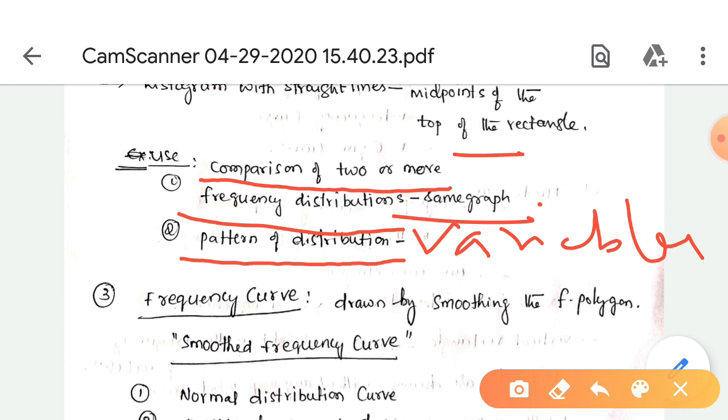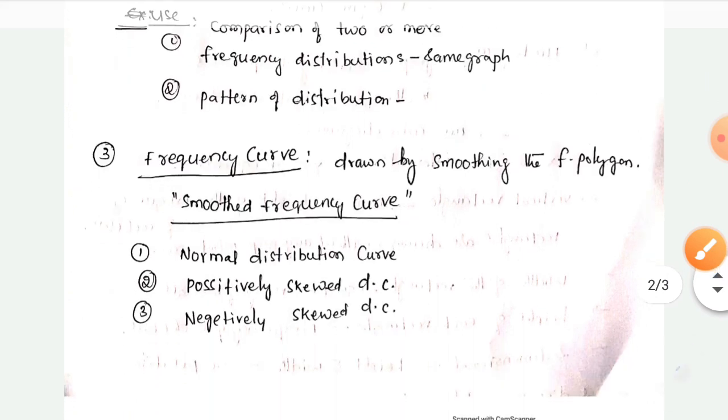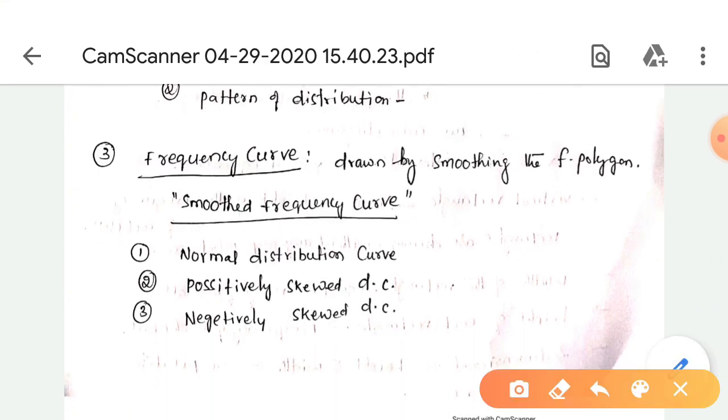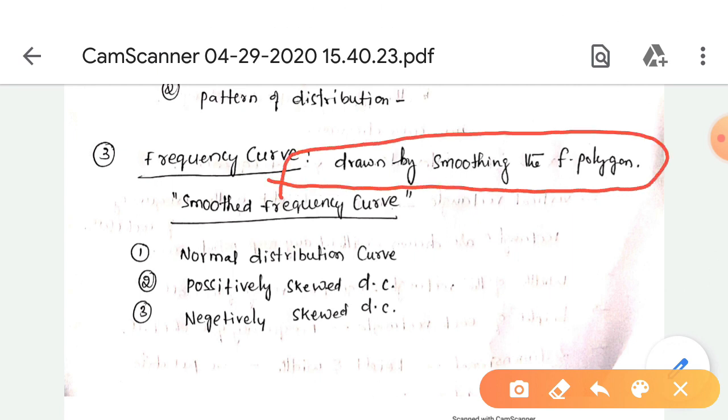And the third one, frequency curve. A frequency curve is drawn by smoothing the frequency polygon.